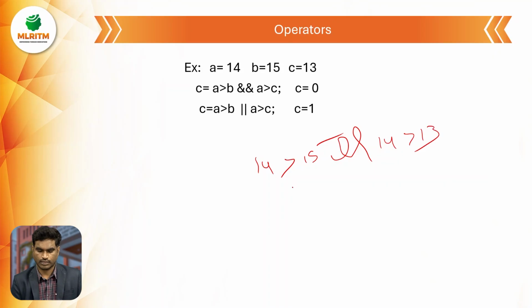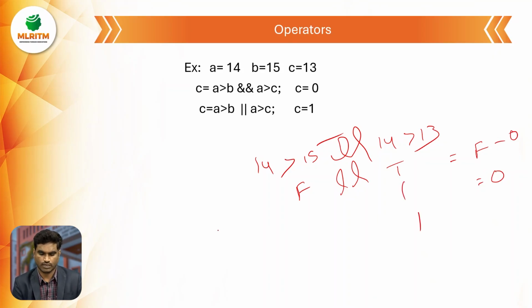This condition is false, this condition is true. Finally, the result is false. When false, it returns the value 0. False is nothing but the value 0. True is nothing but the value 1.